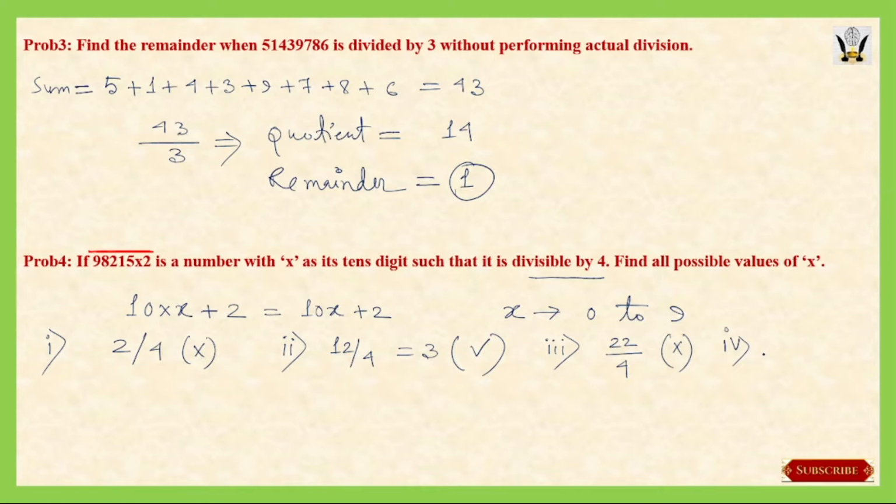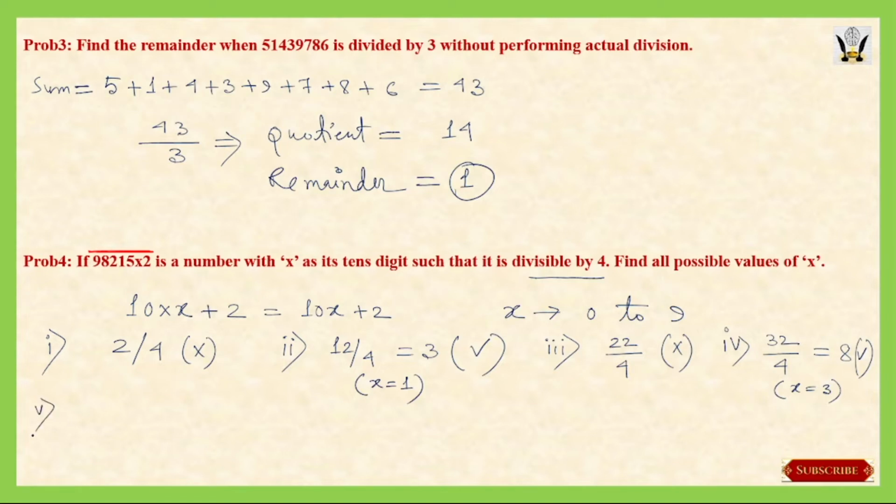X is equal to 3 means 30 plus 2, 32. So 32 divided by 4, the quotient is 8 and there is no remainder. So when x is equal to 3, that number is divisible by 4. So that is also possible. When x is equal to 1, that was completely divisible by 4, and when x is equal to 3, that is also completely divisible by 4.